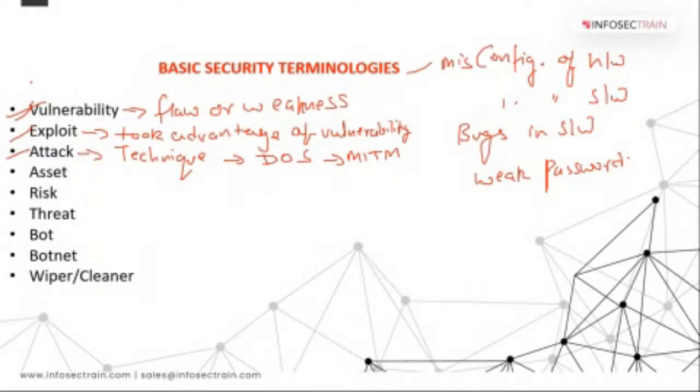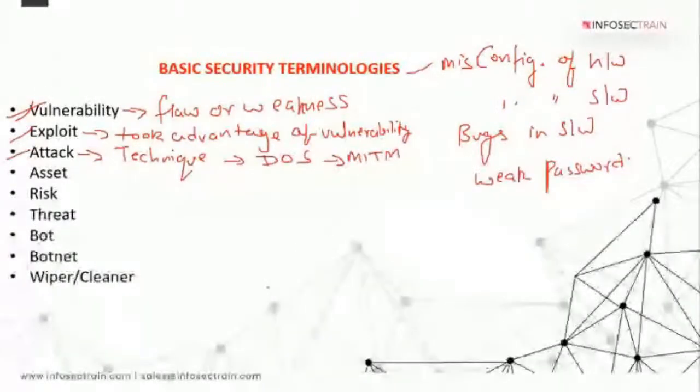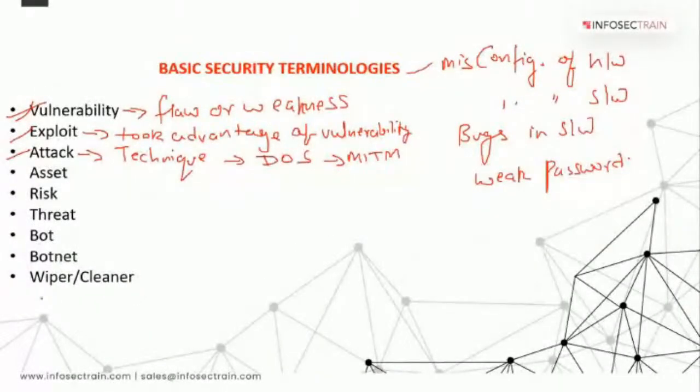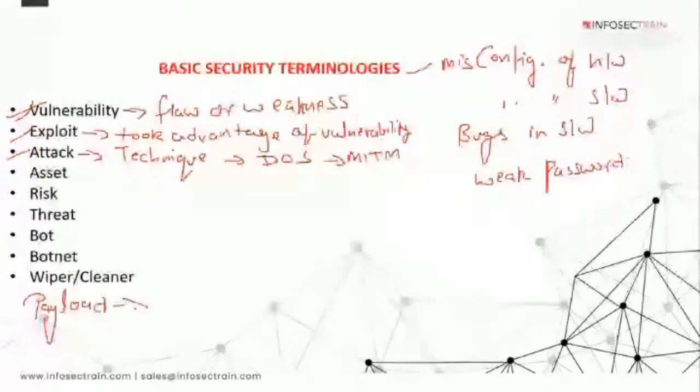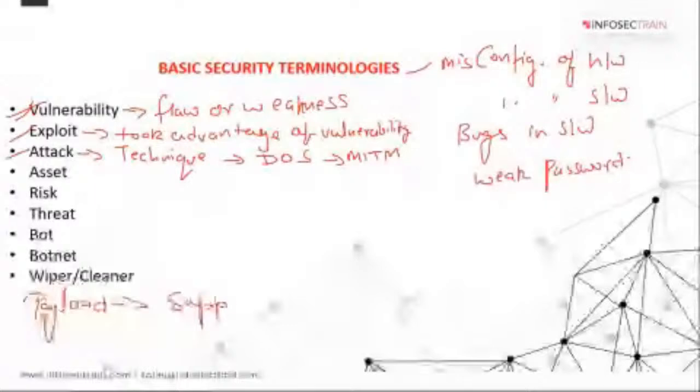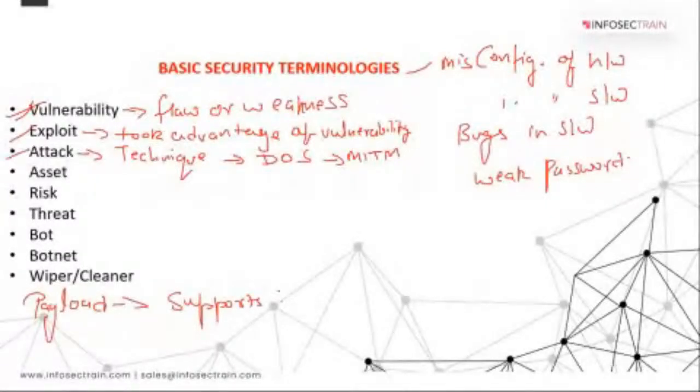Exploited flaw. Someone has published how to repeat the steps to break into the software, or payload equals malware delivery. So payload is what, guys? If I write payload, so payload is anything that supports your exploit, right?